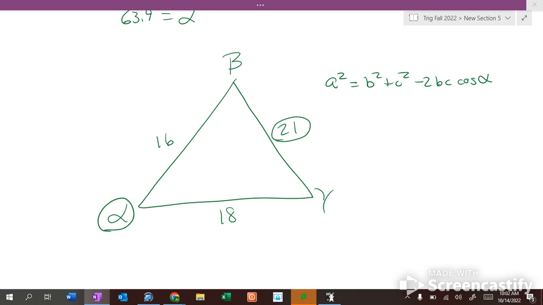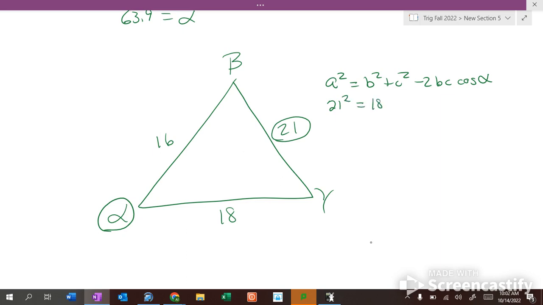Okay? Alpha goes with A. So if alpha is on this side, A is alone on that side. If you're looking for B and beta, you'd have cosine of beta here, and then B squared over here. All right. So you put in the numbers that you know. I know A is 21 because it's opposite of alpha.